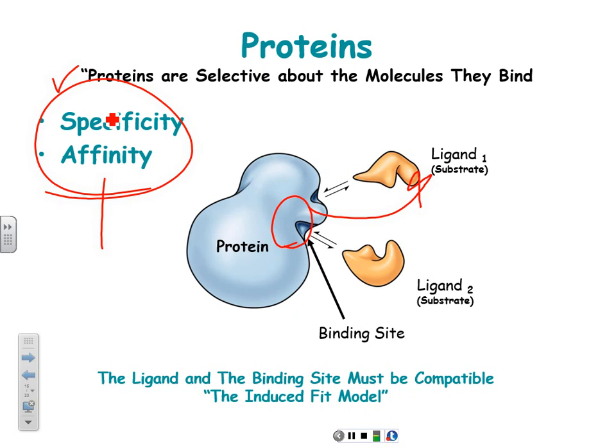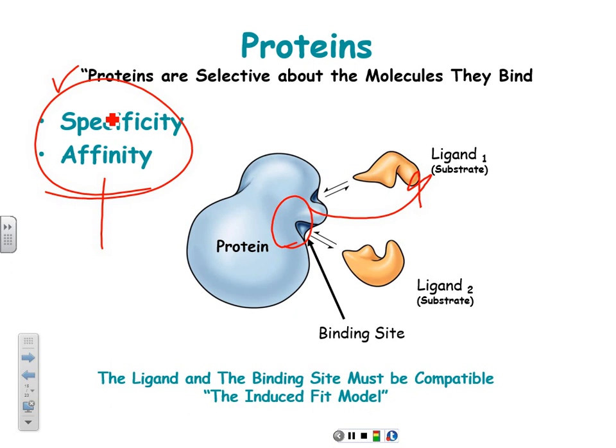Years ago, and it may have been when you were taking high school bio, if you did, and your teacher went over enzymes and proteins, they were talking about lock and key. That the ligand was the key and the protein was the lock, and the two had to fit perfectly together. It turns out that's not true at all. It does not work that way.